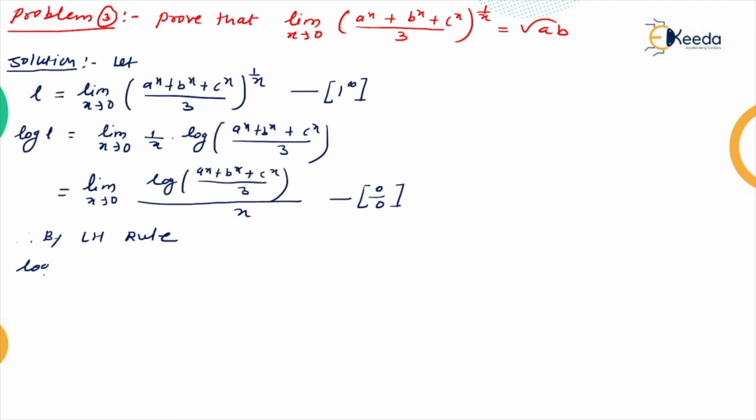So log L is equal to the limit as x tends to 0 of the derivative of the log of this bracket.